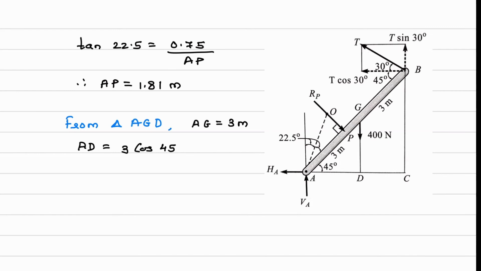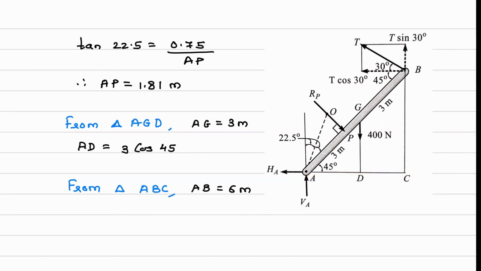So I'll write down from triangle ABC. Now in this triangle, distance AB, we know that it is 6 meter. So AB is equal to 6 meter. Now AC is adjacent, right?